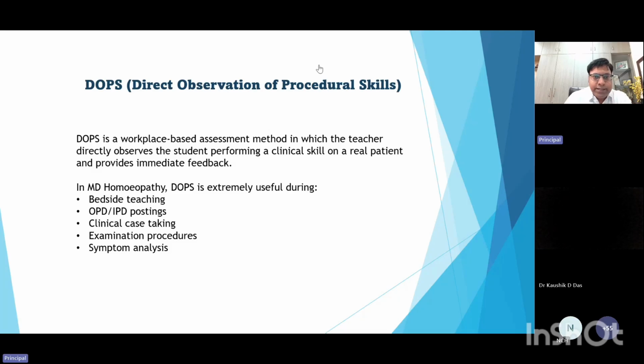It is a workplace-based assessment method in which the teacher directly observes the student performing a clinical skill on a real patient and provides immediate feedback. So this is useful during bedside teaching, OPD, IPD postings, clinical case taking, examination procedures, and symptom analysis. So the student is performing a particular given task and he is observing and he is performing.